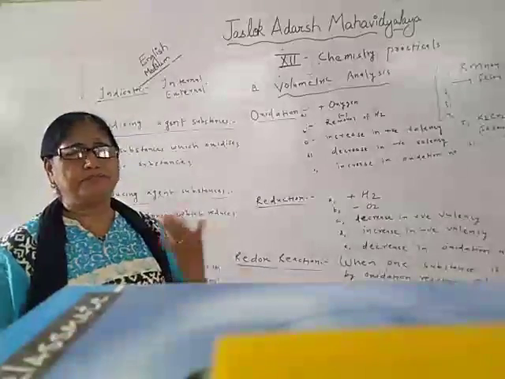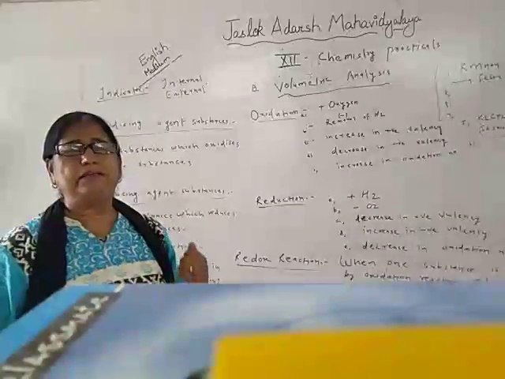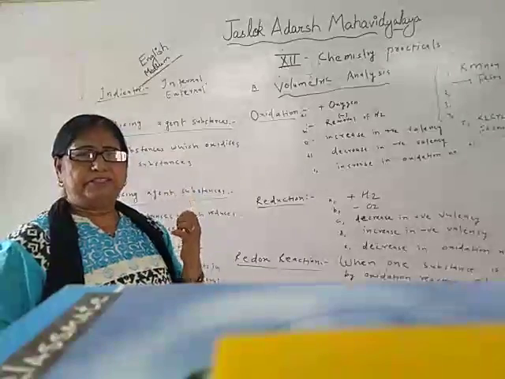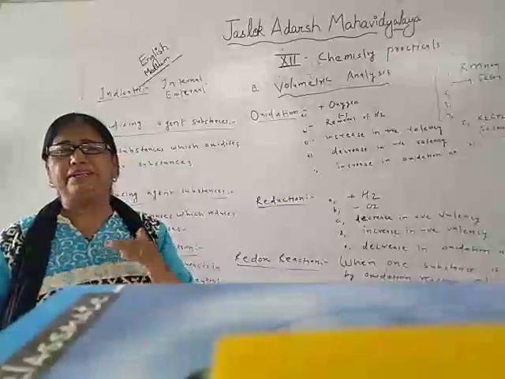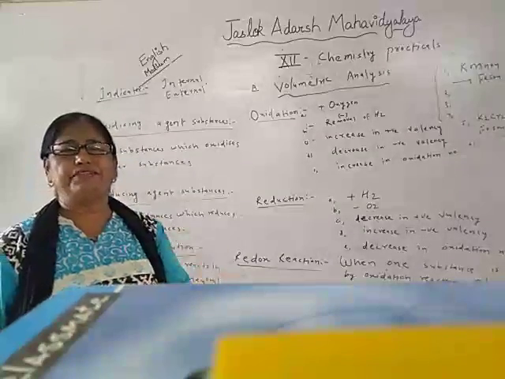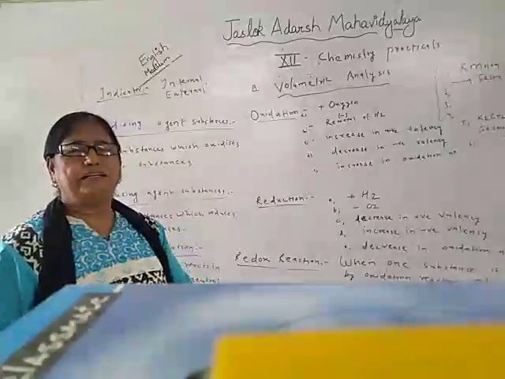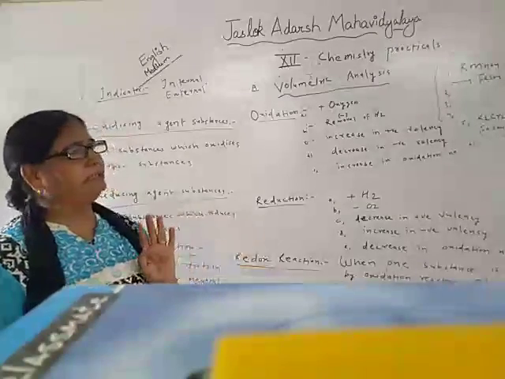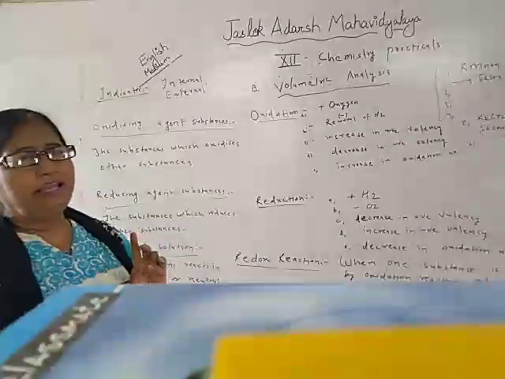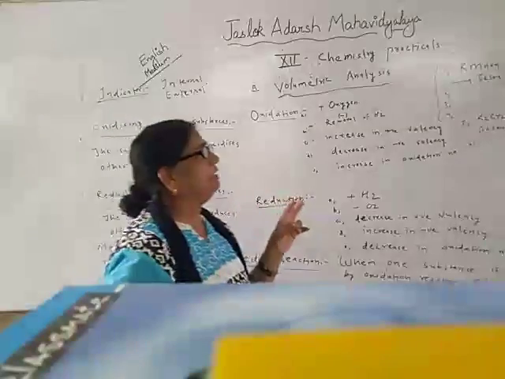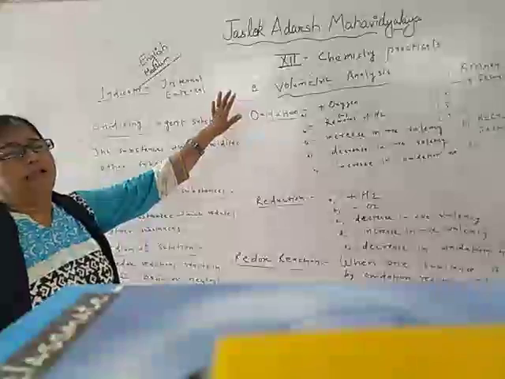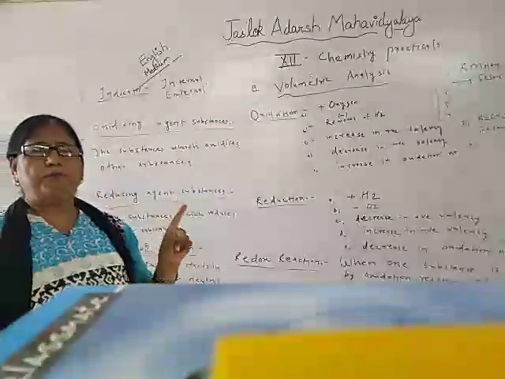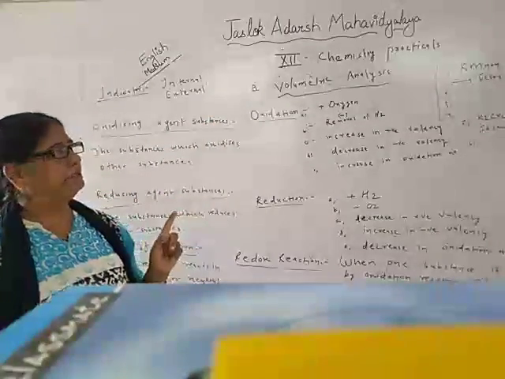Internal indicator means the color changes in one medium, and when the medium changes, the color is changed. When we do practicals, you will understand that. In your course, you have 6 types of volumetric analysis, mainly with KMnO4 and potassium dichromate.